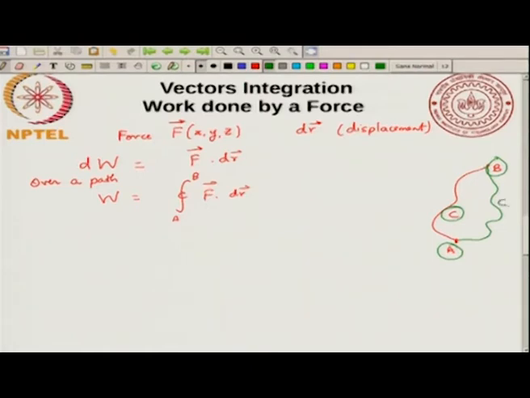Does work depend on the path taken? And the answer is yes, in general. Under some special conditions, you will have path independence, but in general, it depends on path.